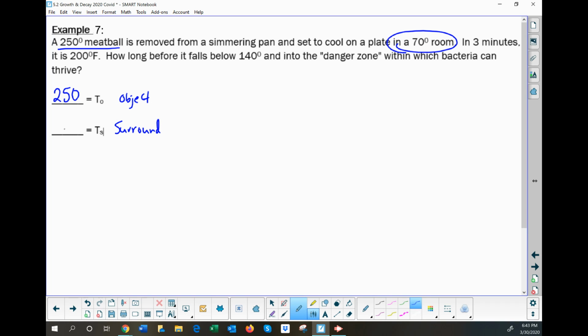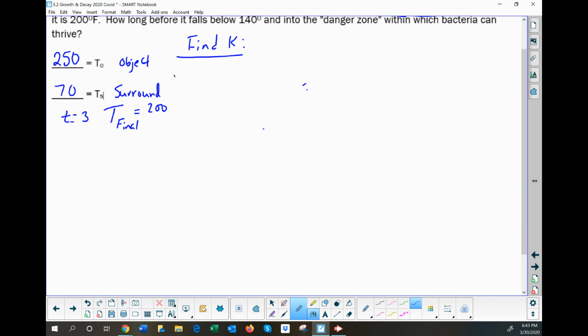In 3 minutes, the temperature final comes down to 200 degrees. From this information, we can gather what K is. Once again, starting out with K since it wasn't given. This constant of proportionality is specific to the object or the type of medium that we're working with. For this one, it's the meatball.